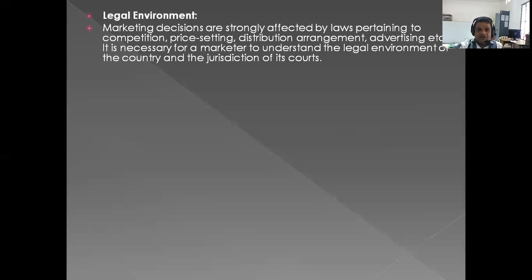It is necessary for a marketer to understand the legal environment of the country and the jurisdiction of its courts. Because when you are doing business in a country, it is your moral obligation to oblige to the rules and regulations, to the laws of that particular country.